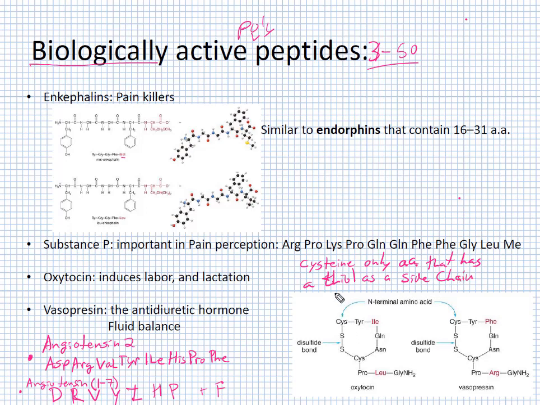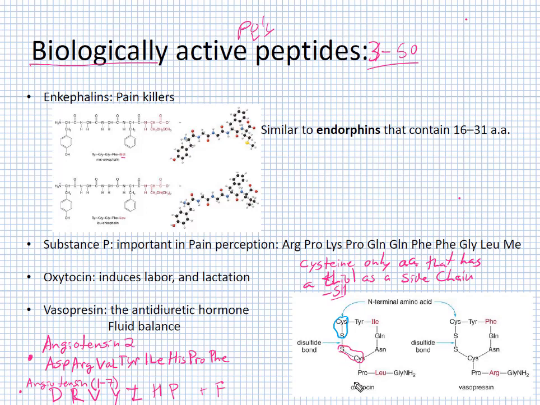The thiol is an SH, and if you look back at your notes, maybe you'll see where I talked about how thiols can get oxidized and you form a disulfide. So this is the thiol, the side chain of one amino acid, and it reacts with the thiol of a different cysteine, and it forms a disulfide.